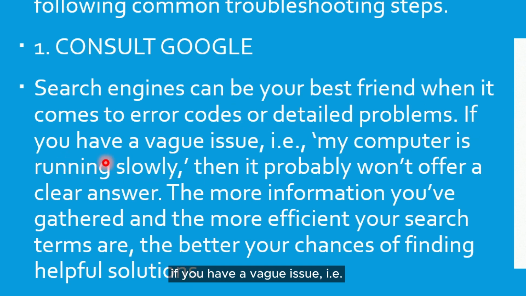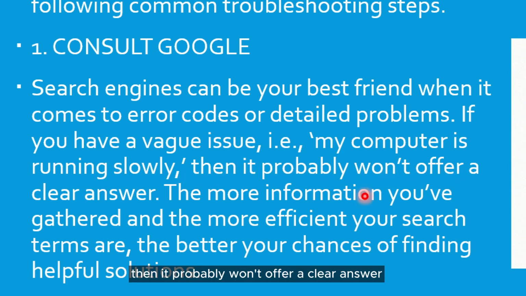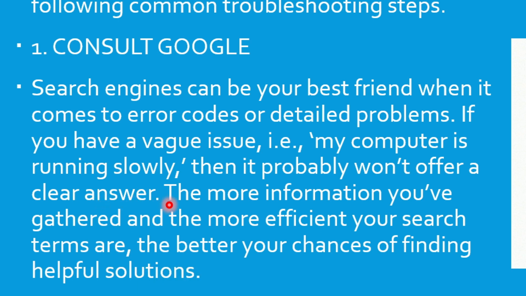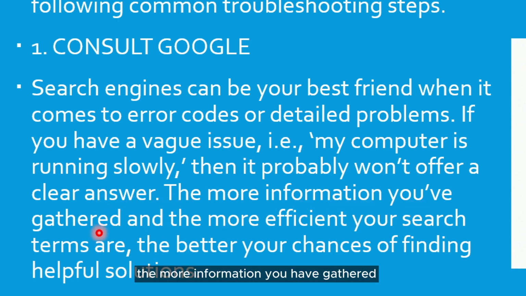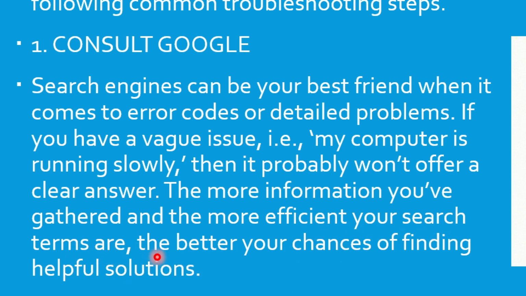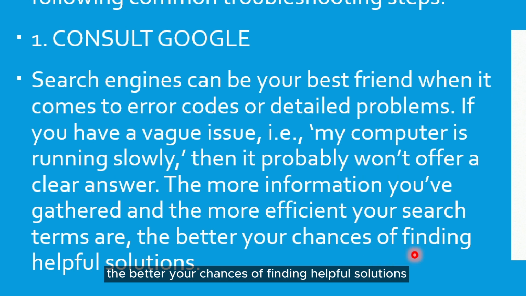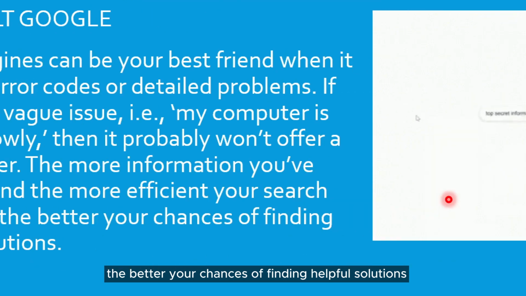If you have a vague issue, like my computer is running slowly, then it probably won't offer a clear answer. The more information you have gathered and the more efficient your search terms are, the better your chances of finding helpful solutions.